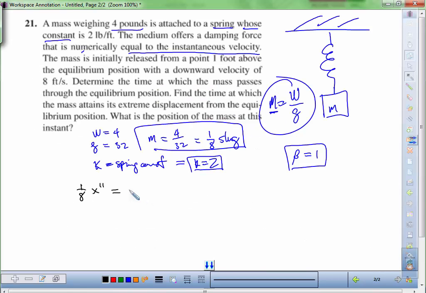So we're going to bring everything over to one side. It'll become positive. So the spring constant k is equal to 2, multiplied by x, the function, and then the beta is 1, multiplied by x prime.